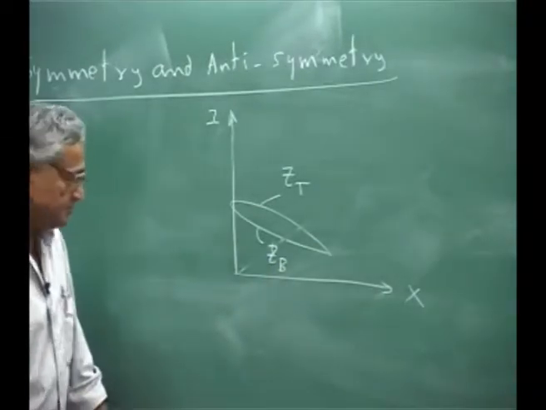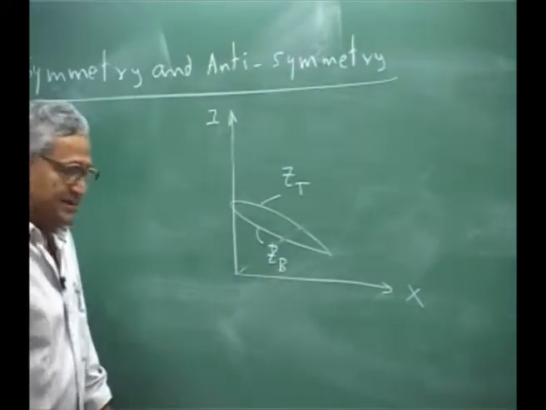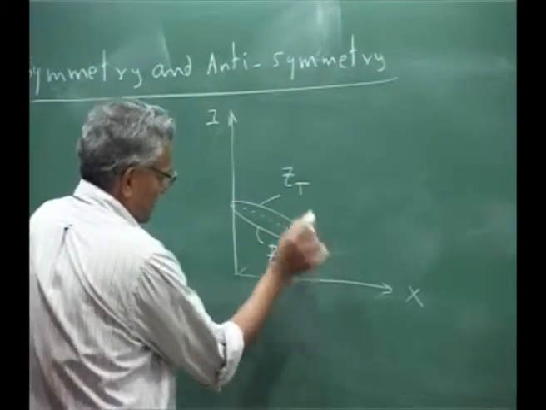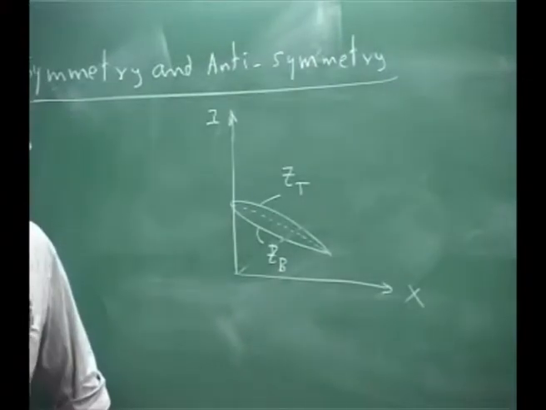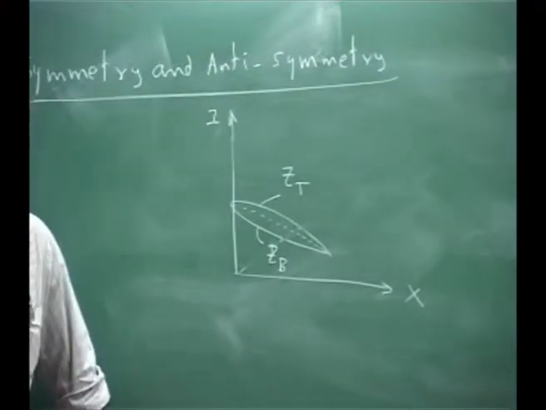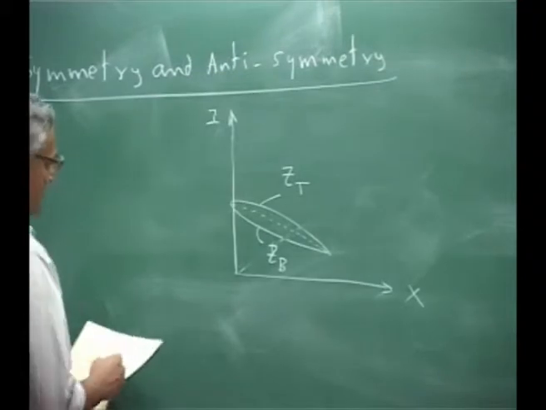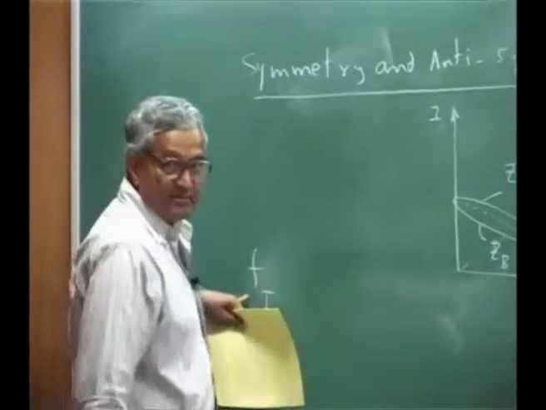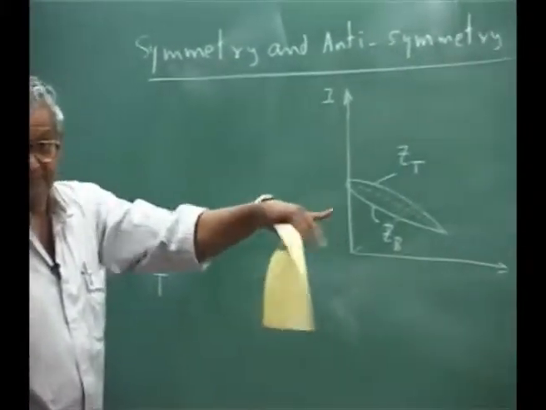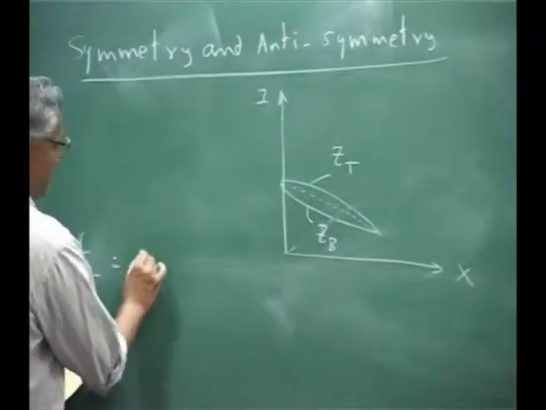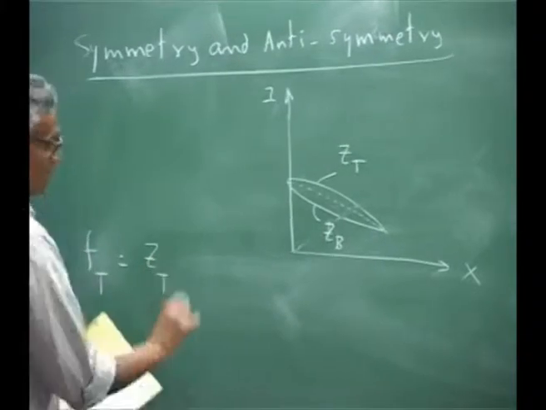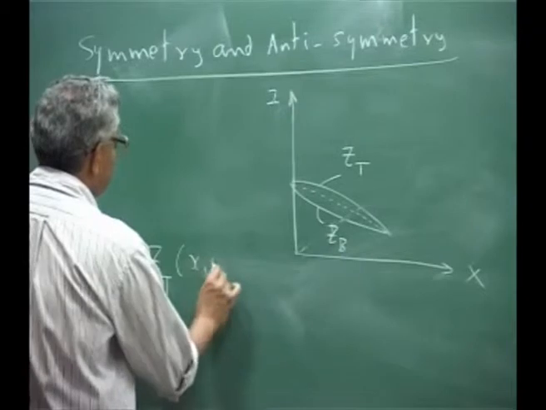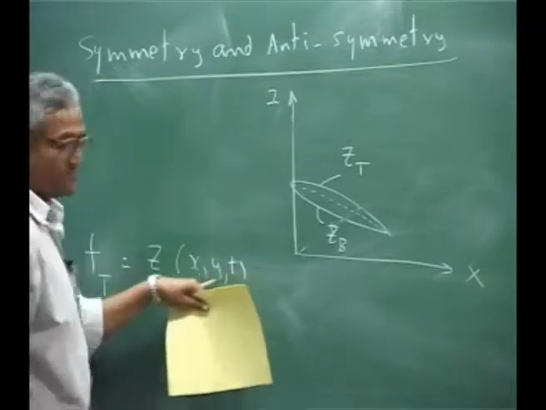But I can write this with some midpoint I take. So I am going to write the upper surface F, top surface, which is Z top surface, which is a function of x, y, t.